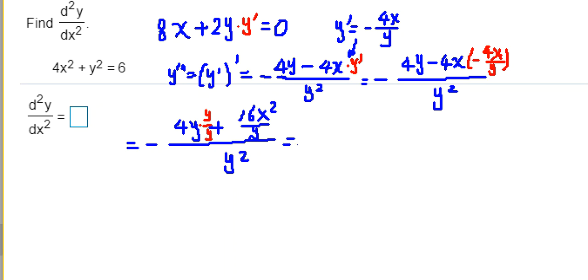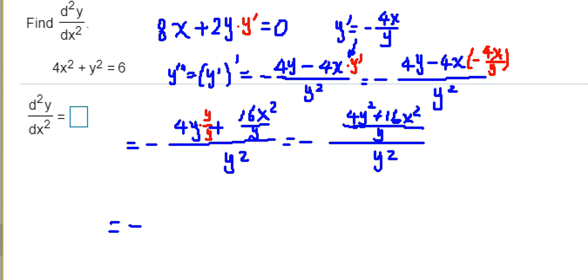So after that, on the bottom I still have y squared. The top, we now have a common denominator, which is y. Here, the first term becomes 4y squared plus 16x squared, right? Okay, and you do see that this is equal to negative, so y cubed.